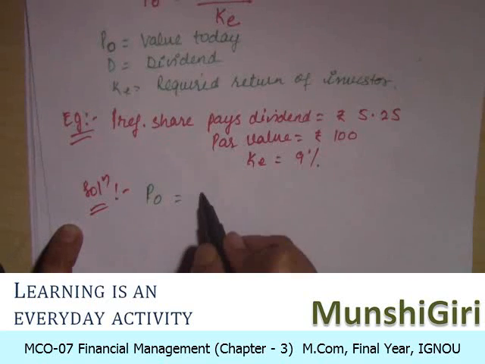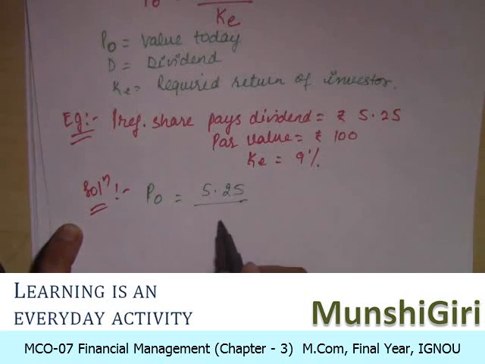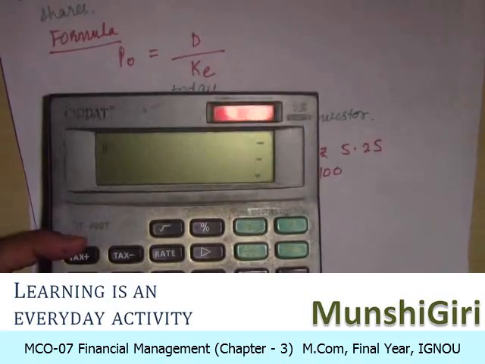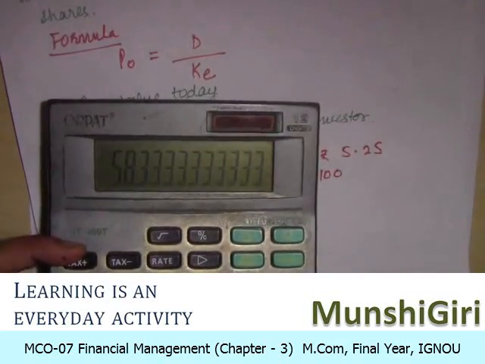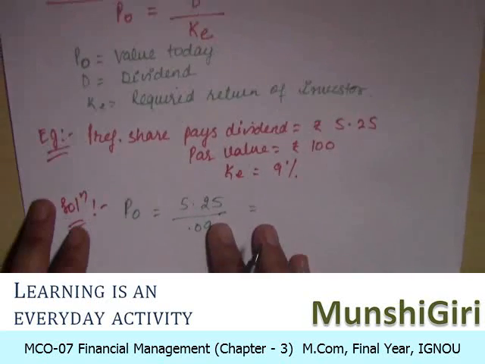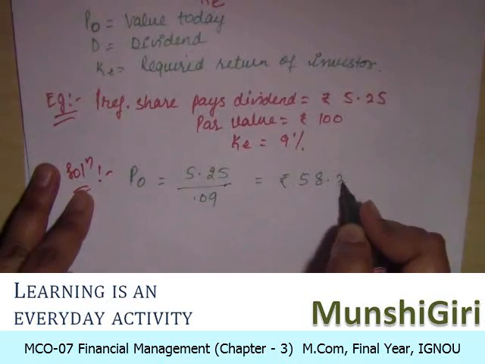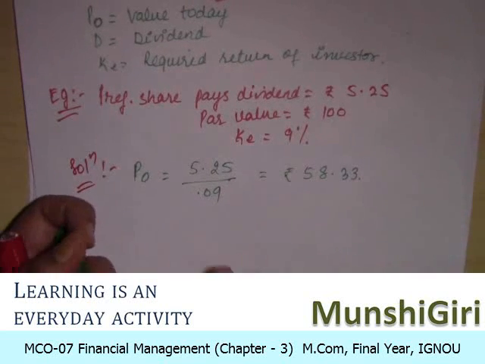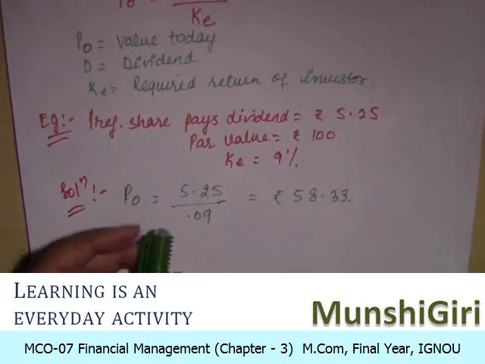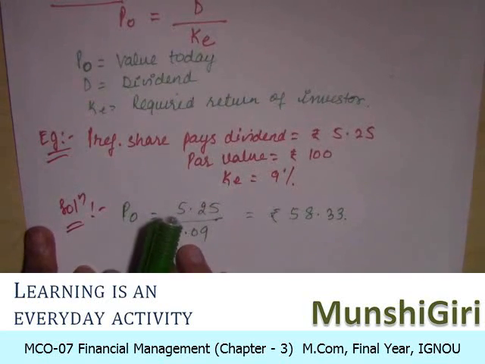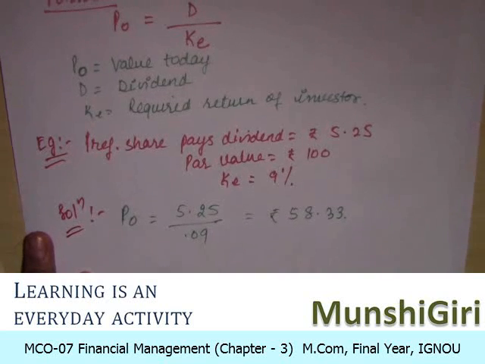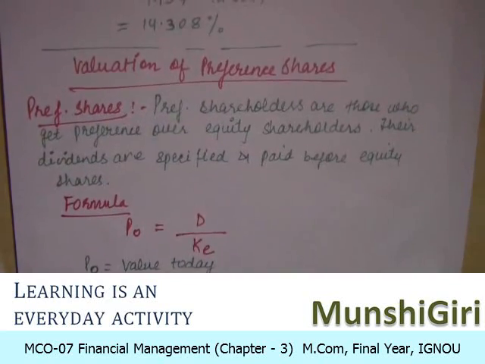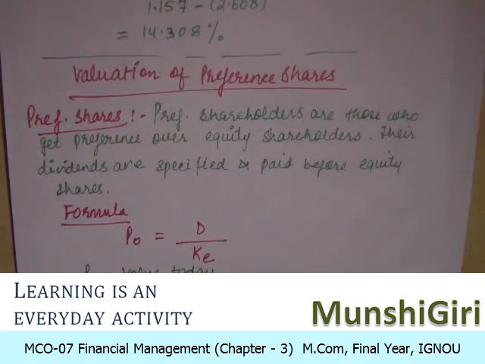D divided by KE: dividend is 5.25 divided by KE, 9%, that is 0.09, is equal to 58.33 rupees. Now yield to maturity or yield to call can be calculated using the same formula used in bond valuation. Instead of annual interest, you just have to replace it with dividend. So this was about the valuation of preference shares.